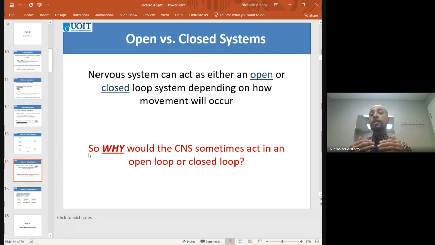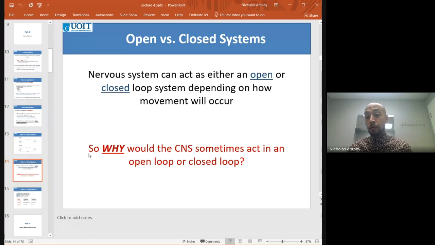How is the central nervous system going to decide if the instructions need to be just enough to get the system going and use feedback, or if the instructions have to contain all of the information to move all of the body points, all the degrees of freedom in a specific way, and accommodate for the environmental conditions in that specific scenario? What are some reasons why your brain would choose open versus closed loop and vice versa?